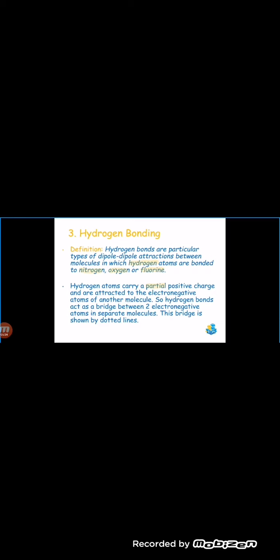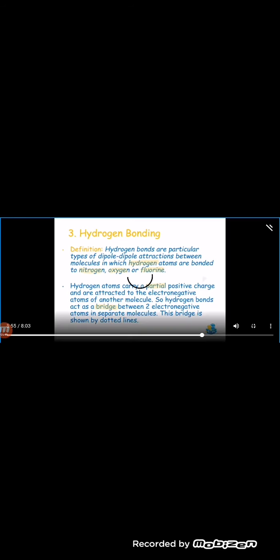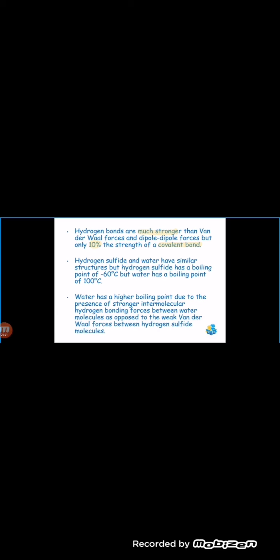So, the hydrogen bonds act as a bridge between two electronegative atoms in a separate molecule. And this bridge is usually shown by a dotted bond.